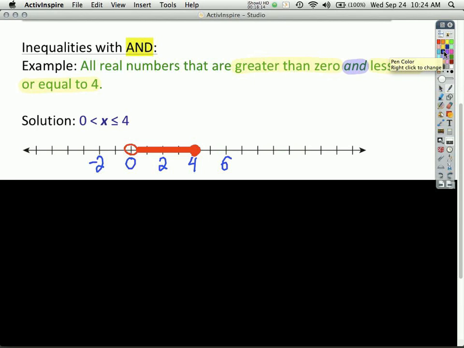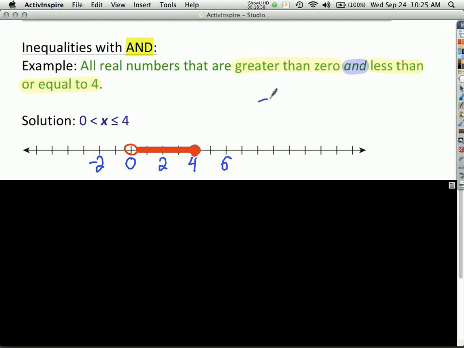The OR is going to look a little bit different. We'll get to that in a moment. So any comments or questions so far before we continue on? Go ahead. Like you said, not to write it like that, the X has to be on the other side. That's if you have just a single inequality. So what he's asking is, Mr. Gallup said if you get this as your answer, that you're not supposed to write it like that.